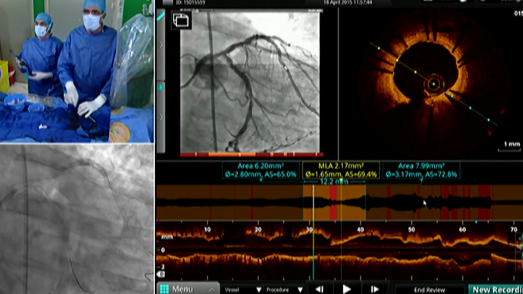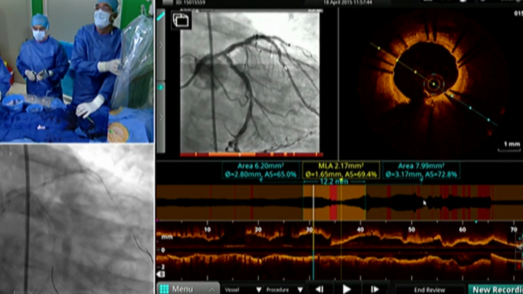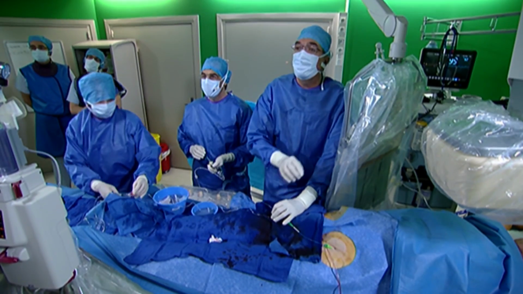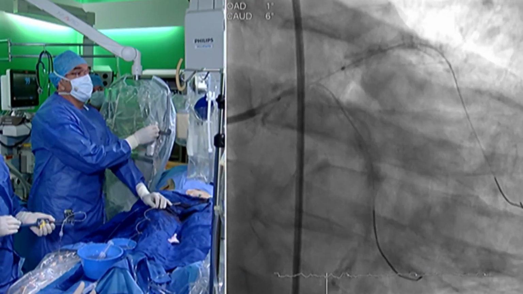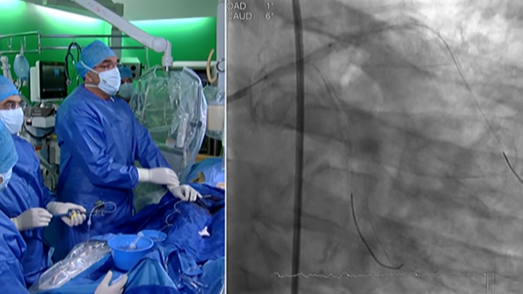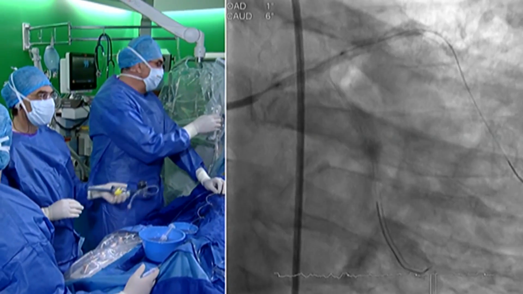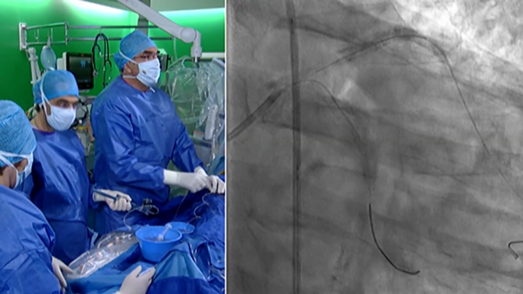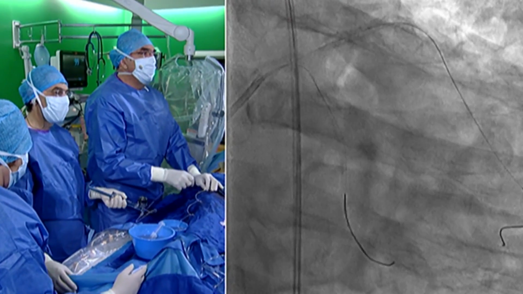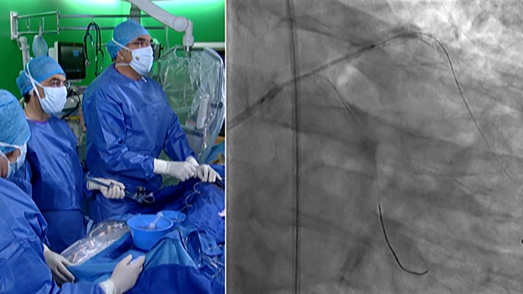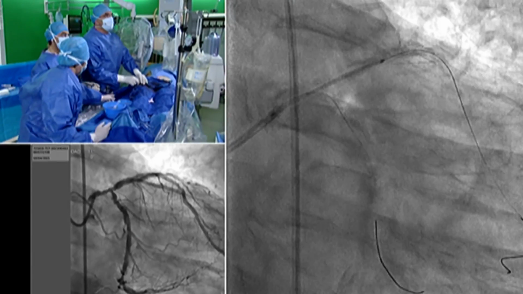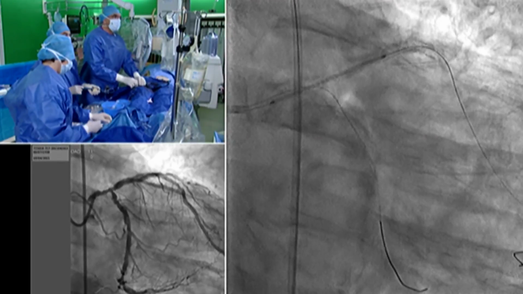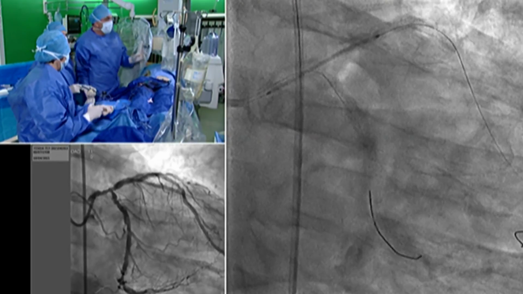So what we have done is to place a balloon, and I will show you here. It was a 3.5 millimeter non-compliant balloon in the left main, up to 20 atmospheres. And now we will advance a 3.5 by 38 millimeter stent. We will start from the ostium.